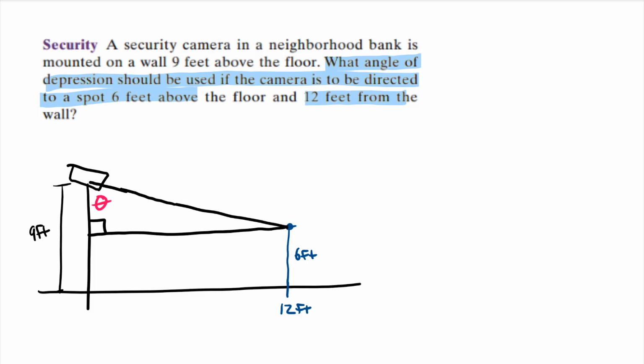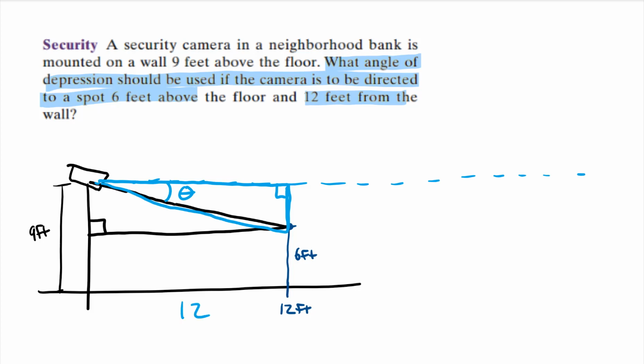No. That's not the angle of depression. The angle of depression always works off of a parallel. The angle of depression is right here. So this would be our triangle to solve it. And that's a right angle.